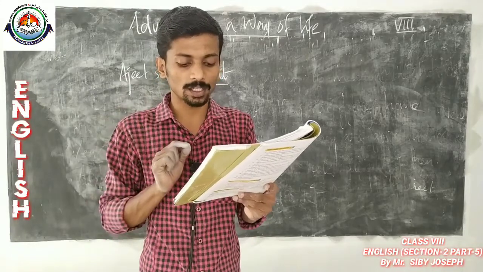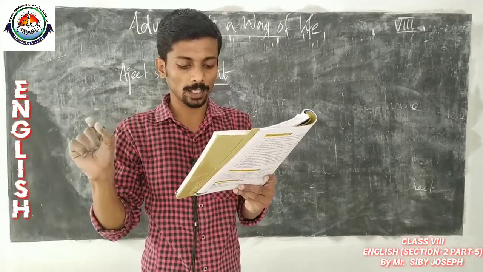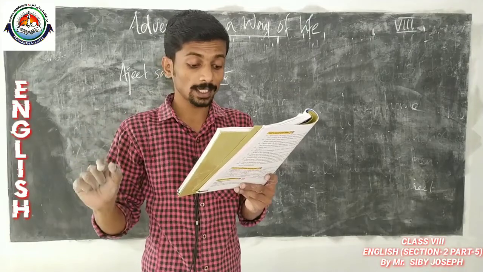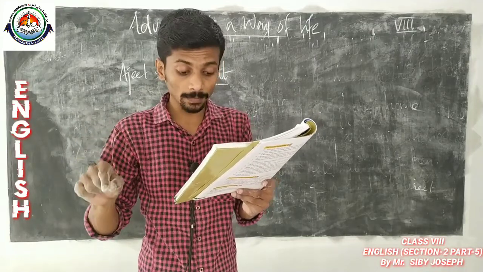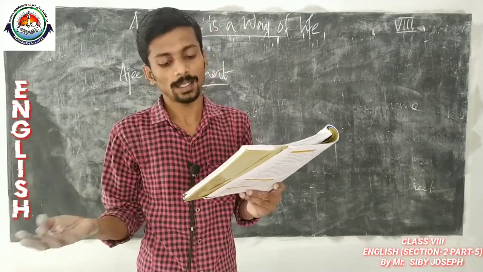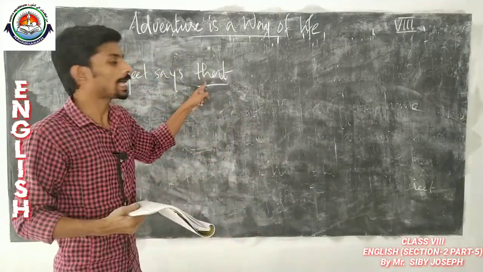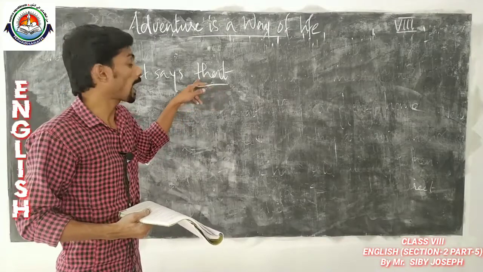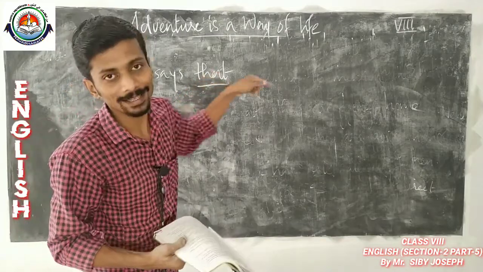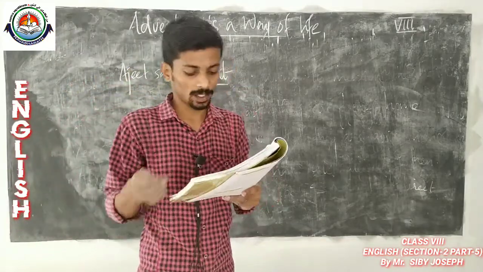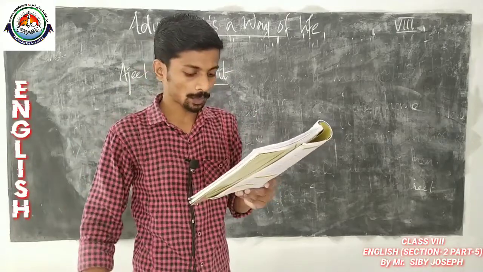When did you reach the summit? Asked the reporter. The reporter asked them when they had reached the summit. So, there will be no that there. We can't find an introductory word that in the example. So, that is actually the rule.